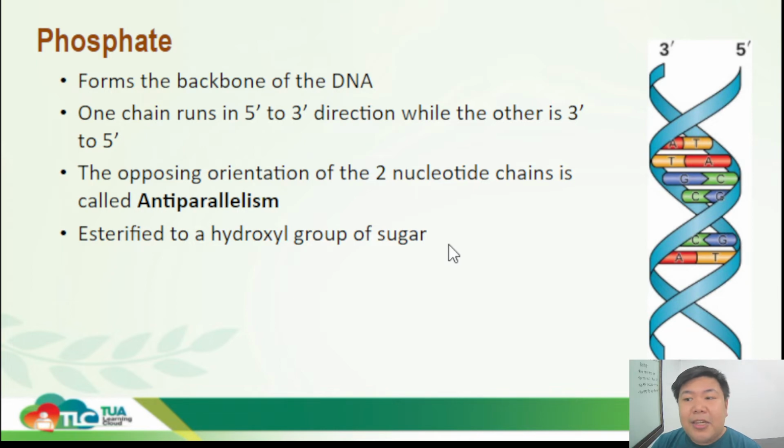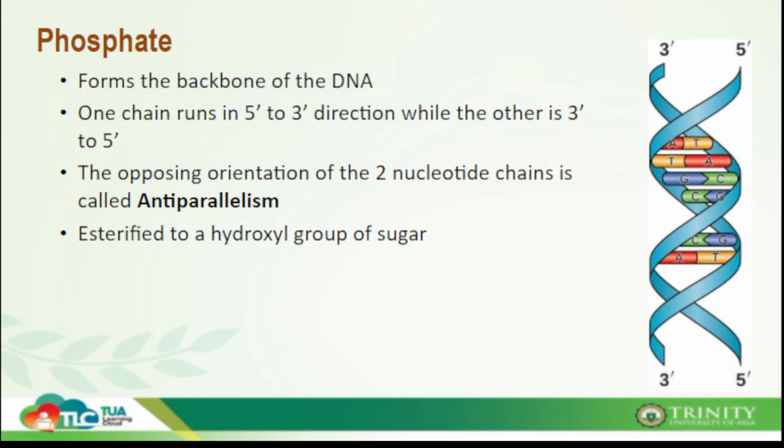Complementary base pairs are attached to each other by your hydrogen bond, while your sugar is attached to your nitrogenous base by your beta-N-glycosidic bond. And of course, your phosphate is attached to your sugar by an ester bond, specifically to the hydroxyl group of the sugar. So those are your nitrogenous bases, your sugars, and your phosphate group, forming your nucleotides.